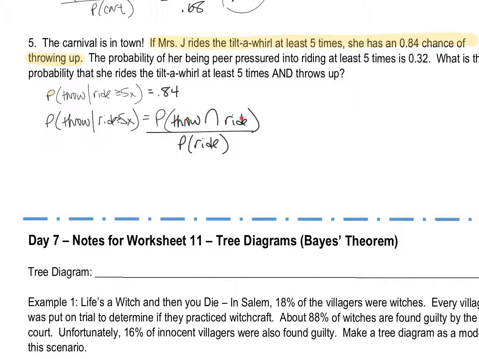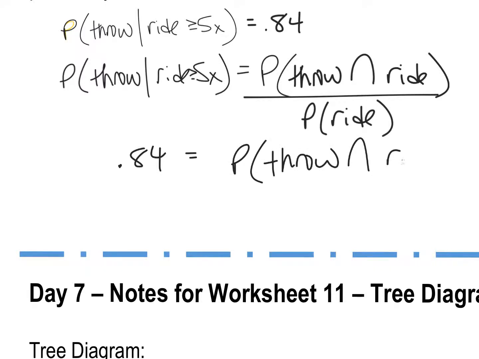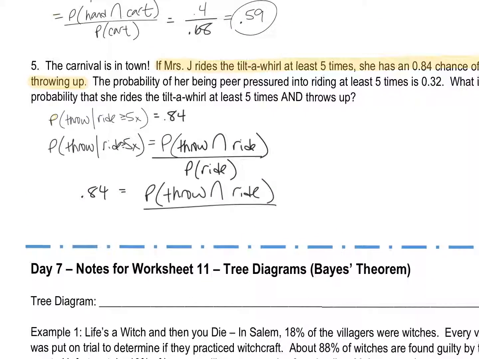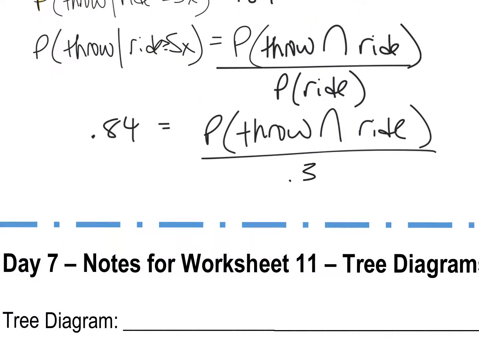The problem is asking me to solve for the probability of and, which is this part of the formula. So just plug in whatever numbers you know. Remember that the given part is the 0.84. So 0.84 equals probability of throw up and ride at least 5 times divided by, in the wording of the question we were given, the probability that I'm peer pressured into riding 5 times is 0.32.